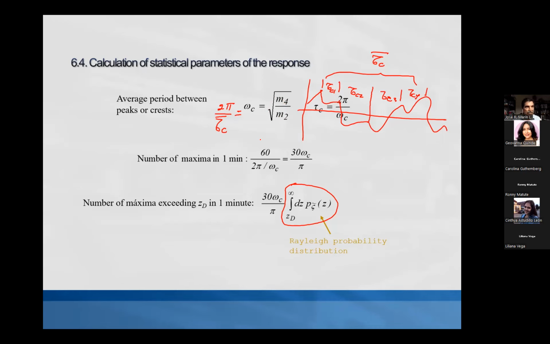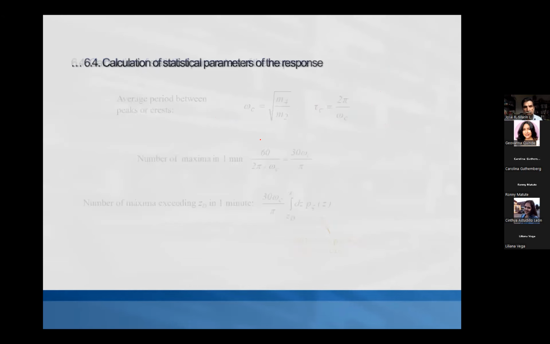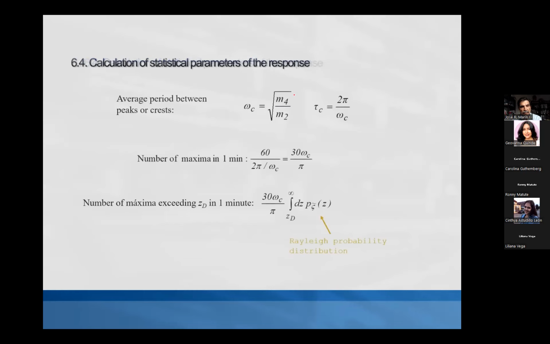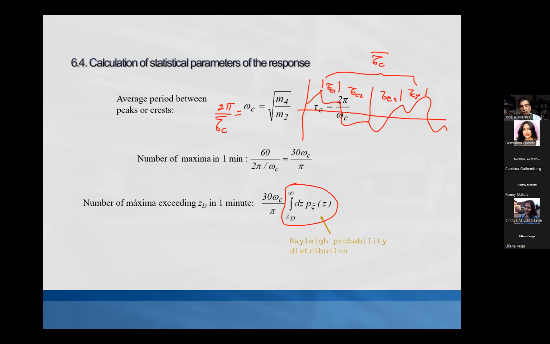Remember, this is a random process, so don't expect the distance between crests to be constant. No, that changes in time. But the average is that. People, you have to be careful. This is omega sub c.